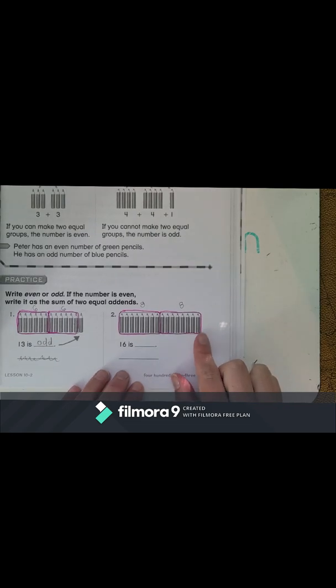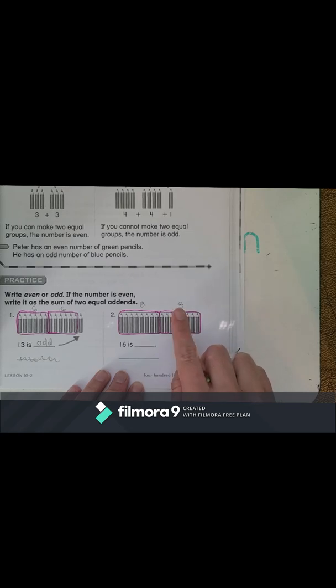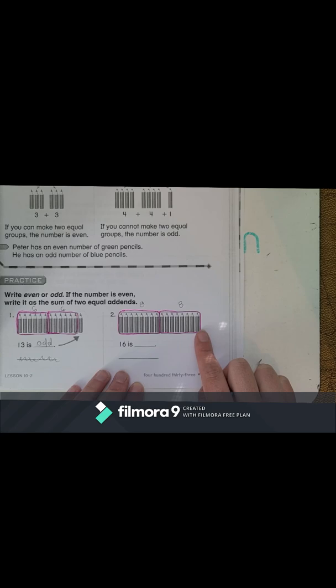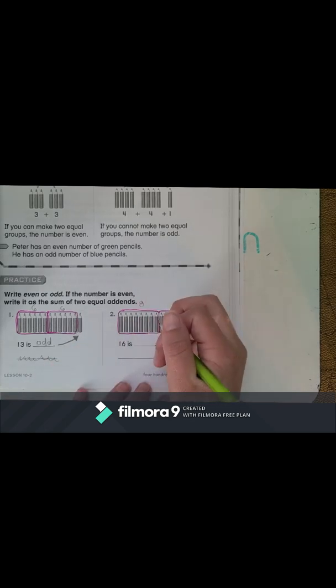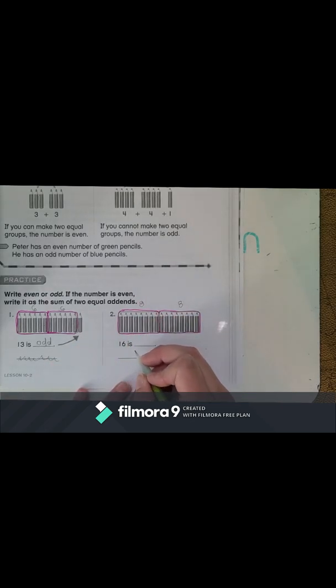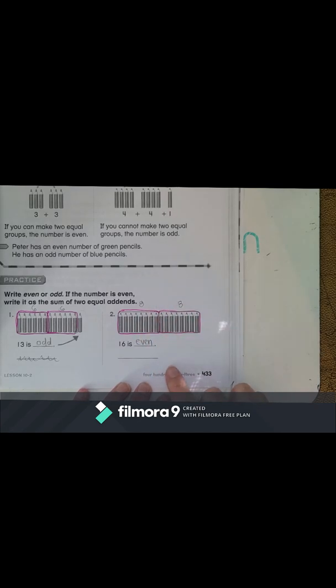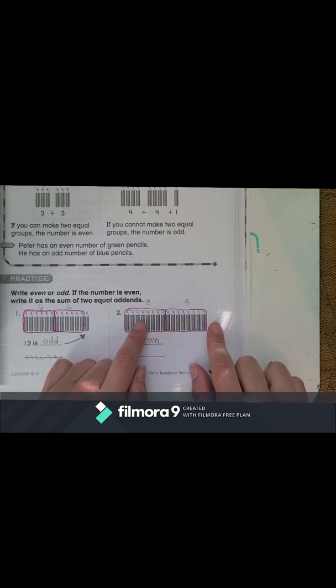Now, do I have any left over? Nope. I have two equal groups and nothing is left over. I was able to put 8 pencils into each group. All right, so 16 is even because I was able to put all 16 of my pencils into 2 equal groups.